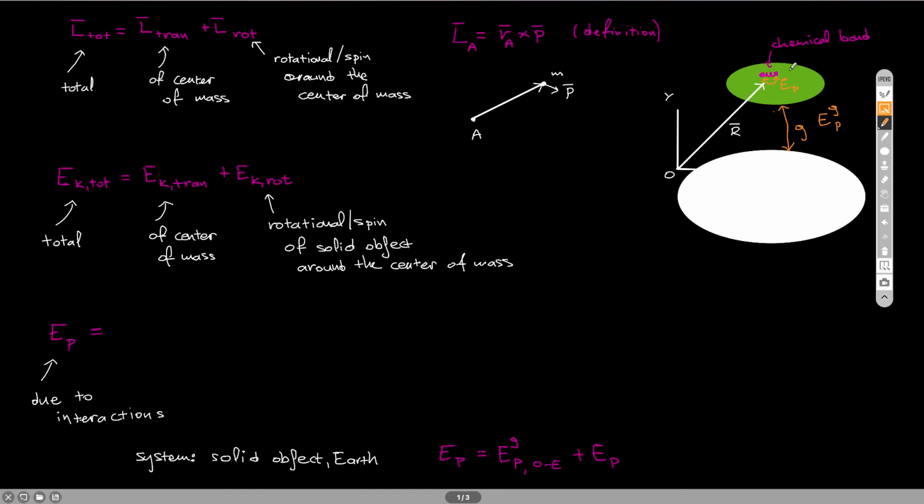Now, if this is not a chemical bond, but let's say you got a cation and an anion, then the nature of that interaction will be purely electric. So you got an electric potential energy of two particles within the object, and then you also have the gravitational potential energy between the object and the Earth.